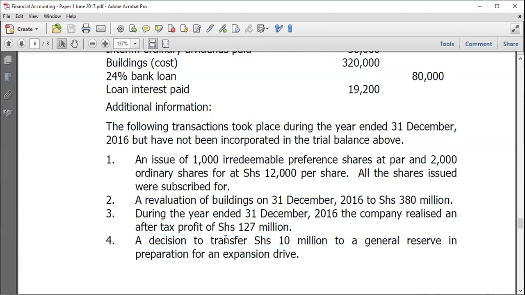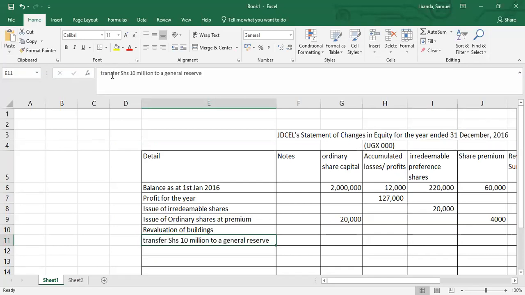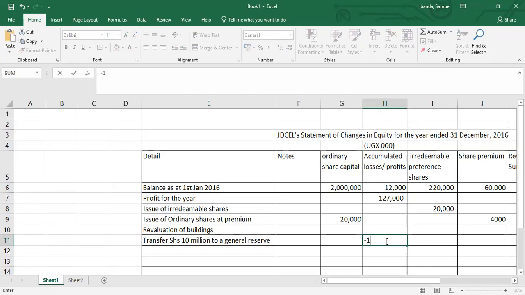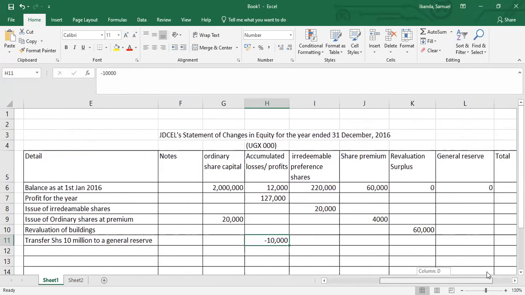I'll just come here and say transfer of 10 million to general reserve. So under my retained earnings, or the accumulated profit or loss, I'll come and remove 10 million. So here it will be a negative 10 million, negative 10,000. And then the positive, you put it under here.